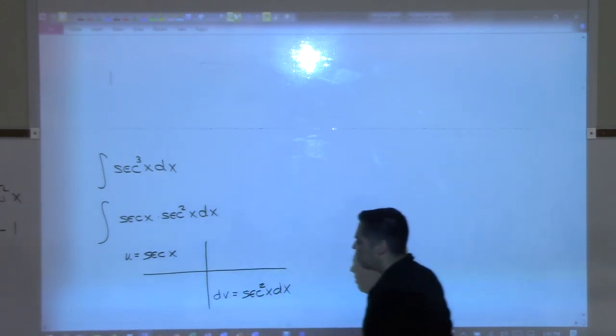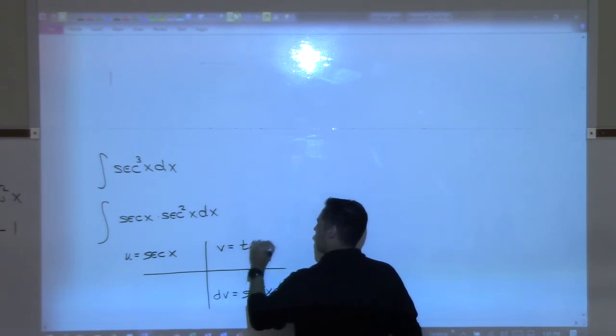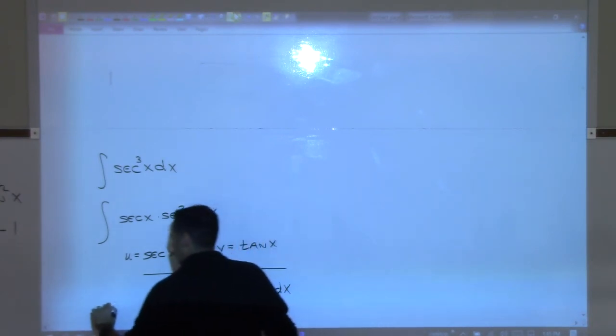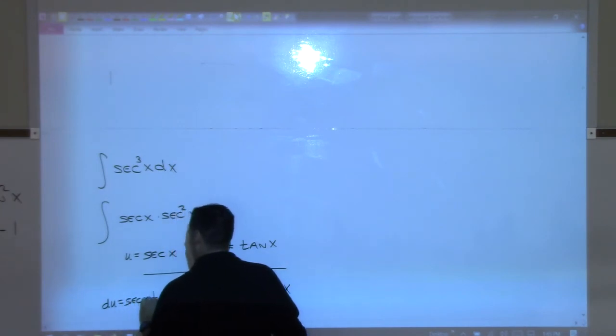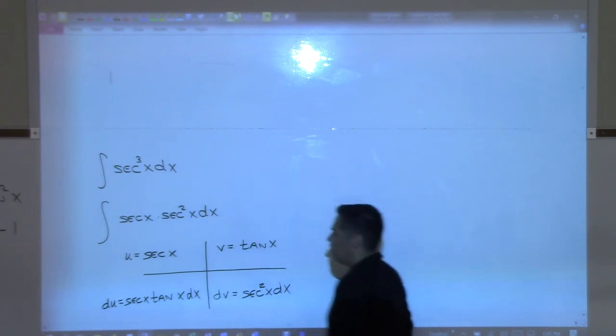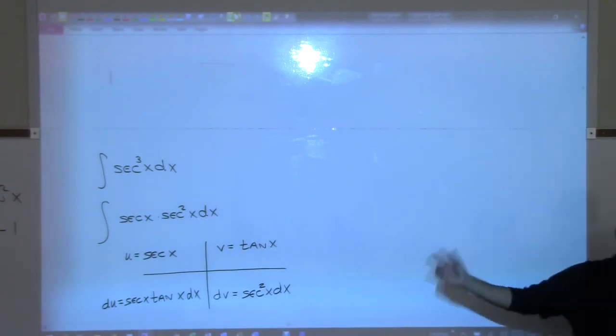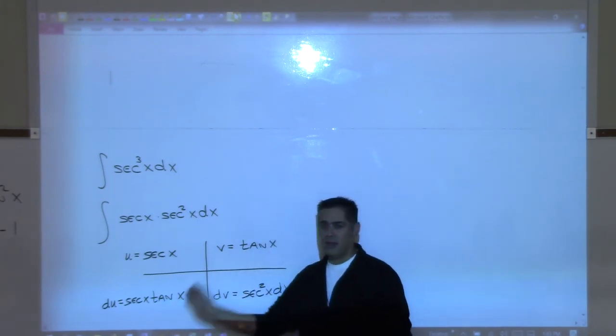So if we complete the table, we know that v is just tangent x, and du is secant x tangent x dx. So whenever I do my table with integration by parts, I'm always thinking to myself, what's voodoo look like? Can I integrate voodoo?